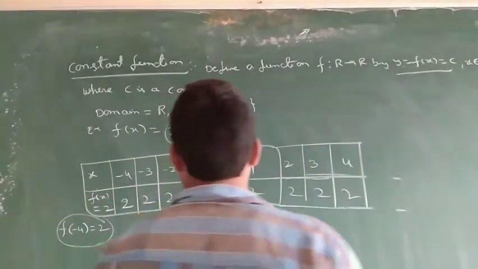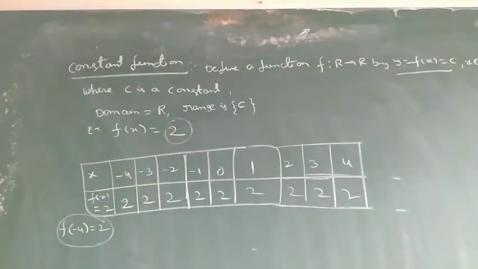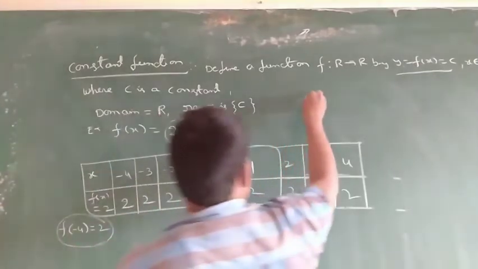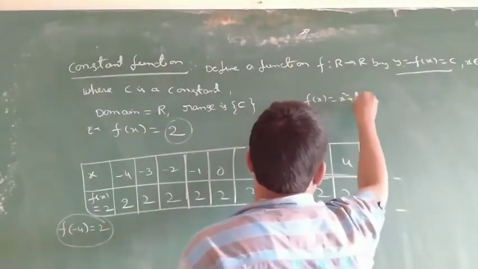So the graph. First listen. Once again, for example, f of x is equal to x square plus 1.